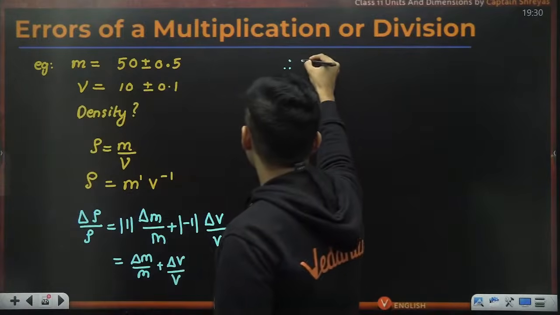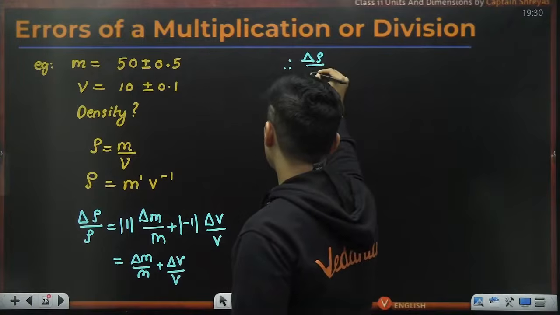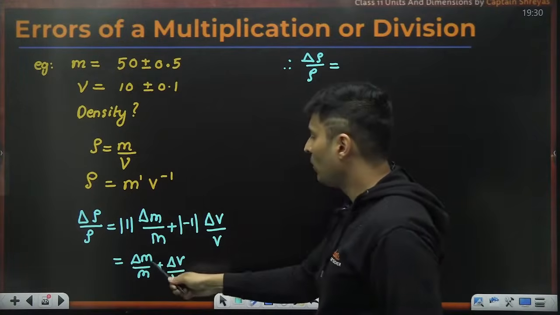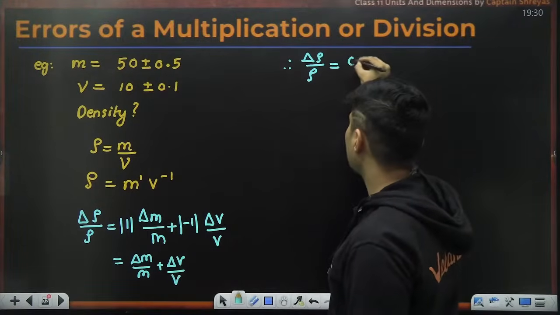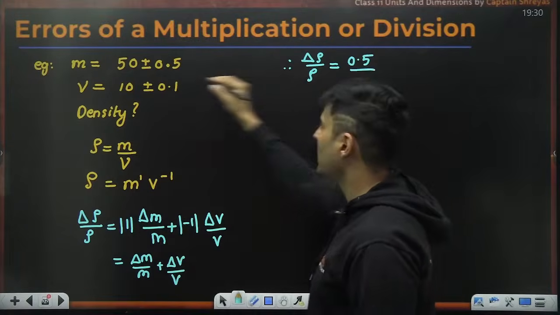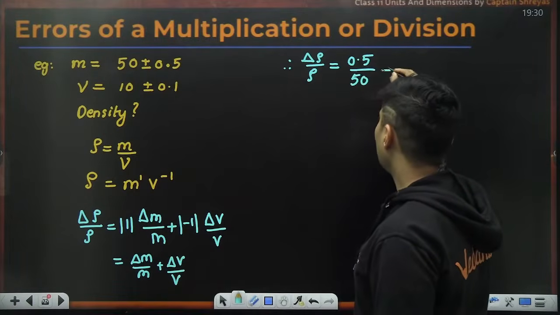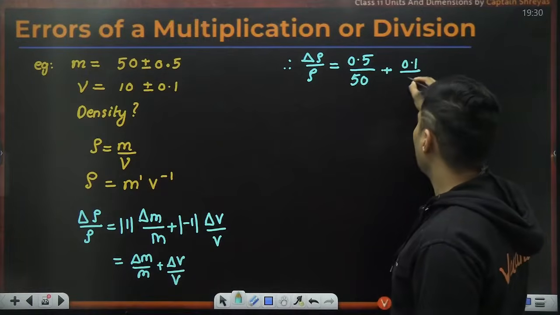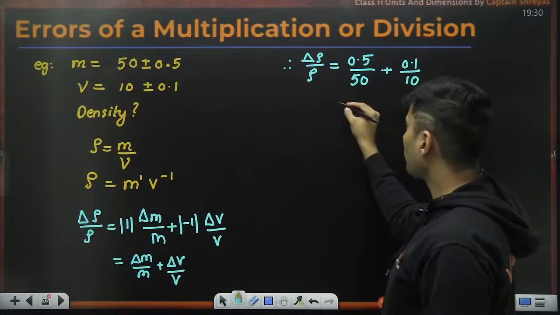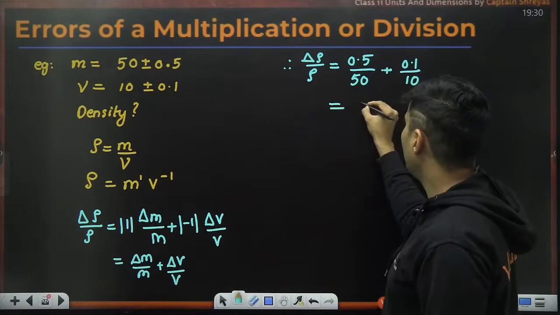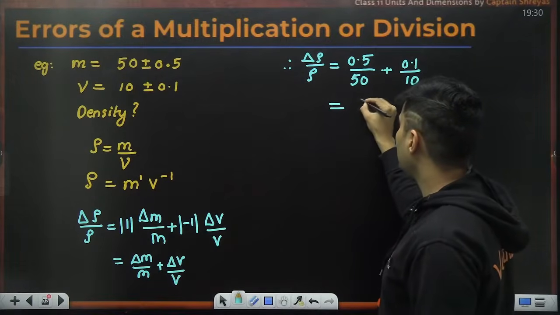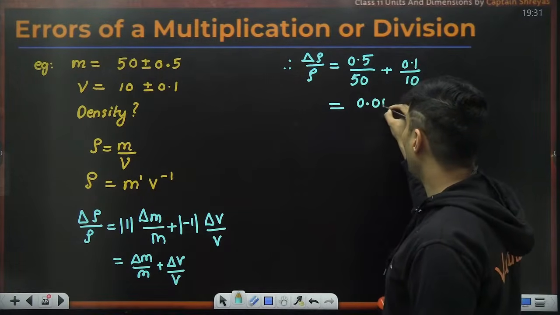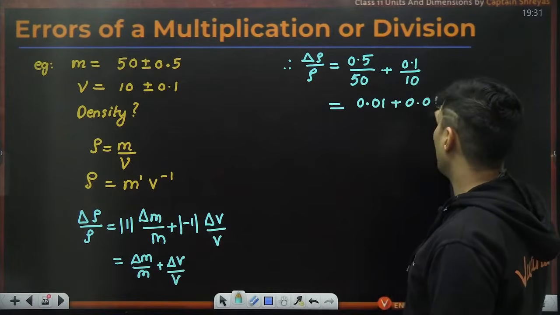Okay. So delta rho by rho is equal to, what is delta m? Error in the mass is basically 0.5. Most likely mass is 50, plus error in volume 0.1, most probable answer of volume 10. So this will be nothing but 0.5 by 50 is nothing but 0.01, and this is also 0.01 only.